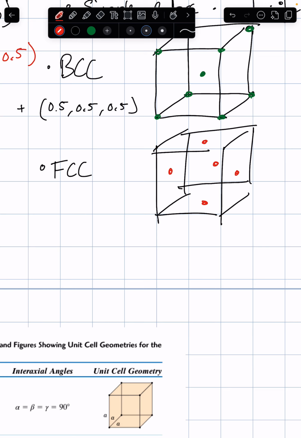Maybe I'll just make this one. In the future, we'll get rid of these.